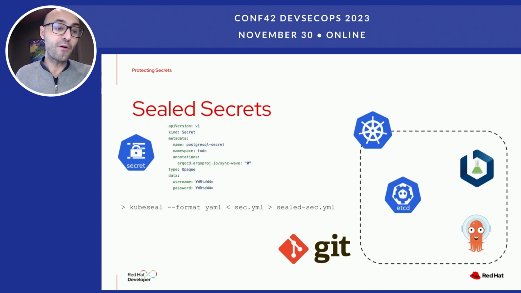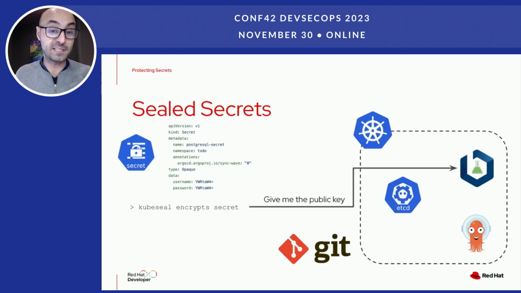So when I run this command, basically this command will connect to the Kubernetes cluster, it will connect to the sealed secrets controller, and it will say, hey, give me the public key to encrypt this data. Because remember that sealed secrets has a public key inside, but also a private key used to decrypt. So it's going to return me the public key and say, hey, this is the public key that you need to use to encrypt data.